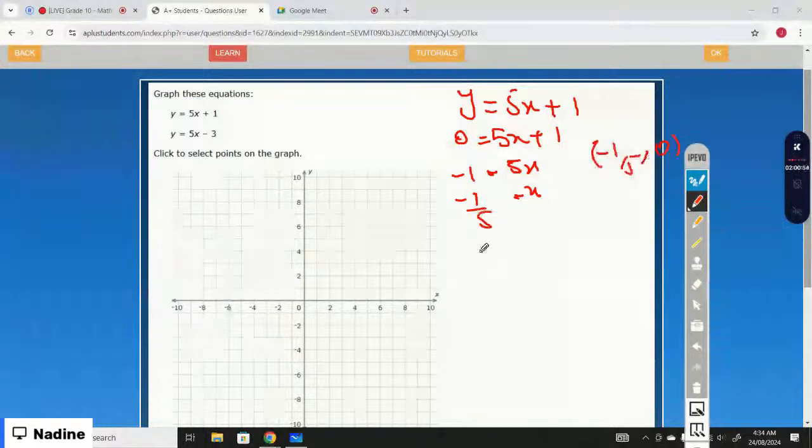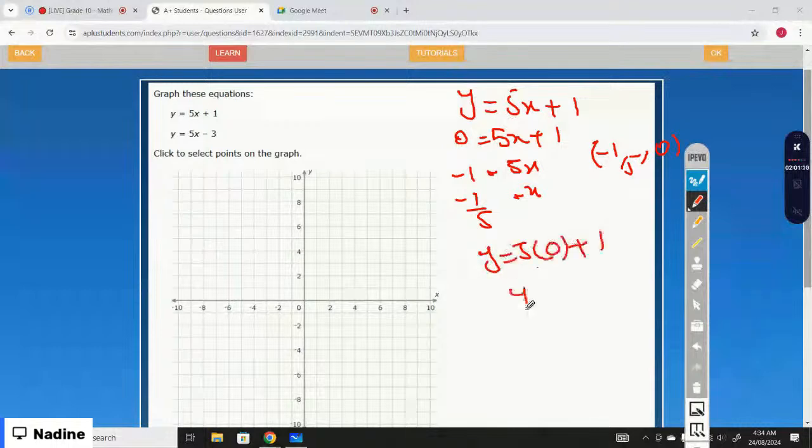Now put x equals 0: y equals 5 times 0 plus 1. So y equals 1. That means when x is 0, y is 1. So this is for the first equation, right?